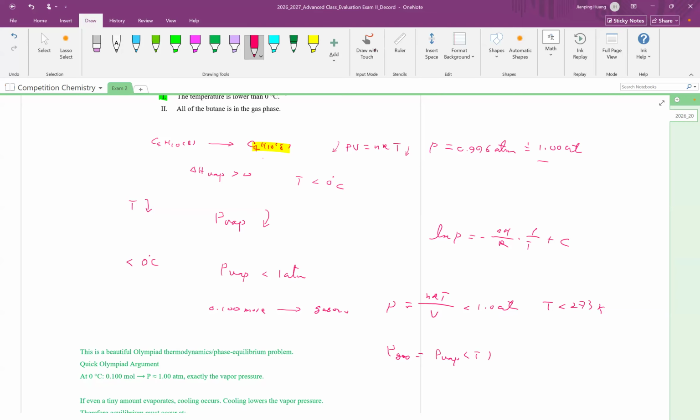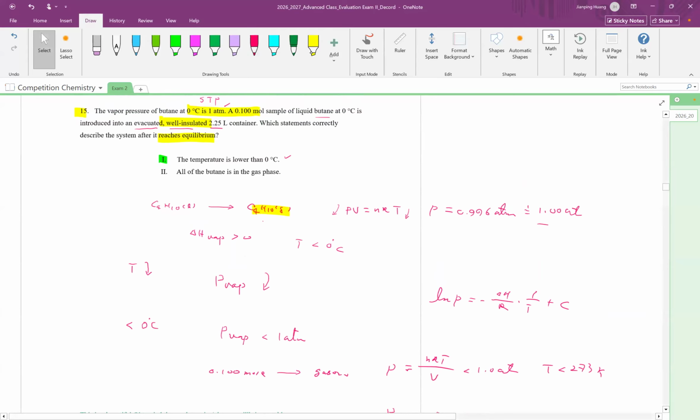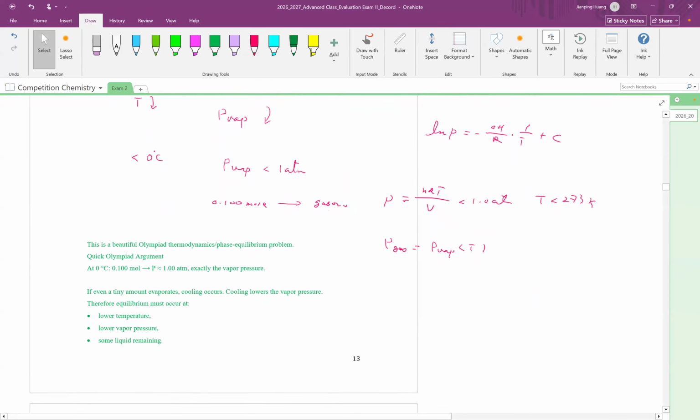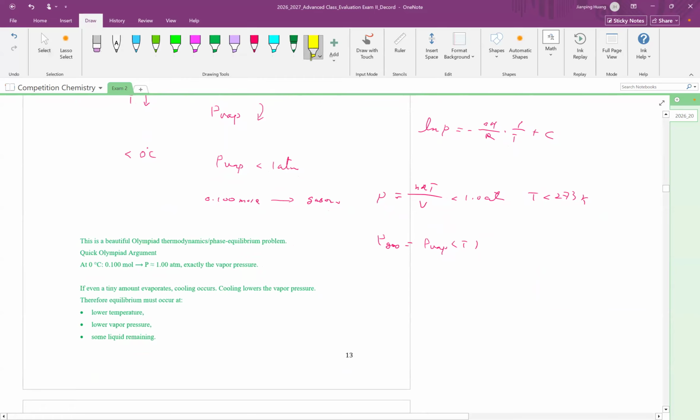They have some liquid because the temperature is less than 0 degrees, or 273. So the statement that it is all gas is not right. Okay. This question, as you know, appears every year with different wording. That's why I said it's a beautiful Olympiad thermodynamic phase diagram question. In the last 10 years, every year has one.